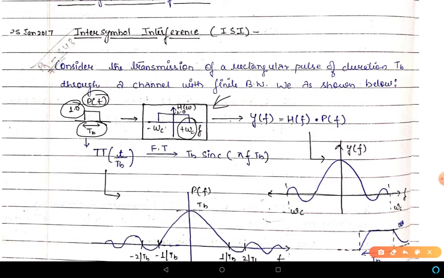and the output of the channel would definitely be the multiplication of the transfer function of the channel and the Fourier transform of the pulse, that is P(f). Either I should convolve p(t) with the impulse response of the channel to get the output, or I should multiply the transfer function of the channel with the Fourier transform of the pulse to find the output.